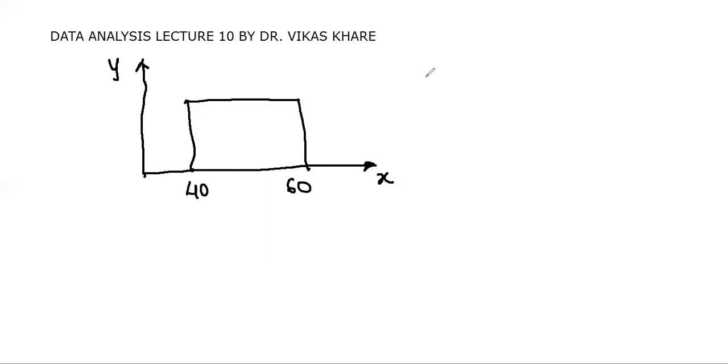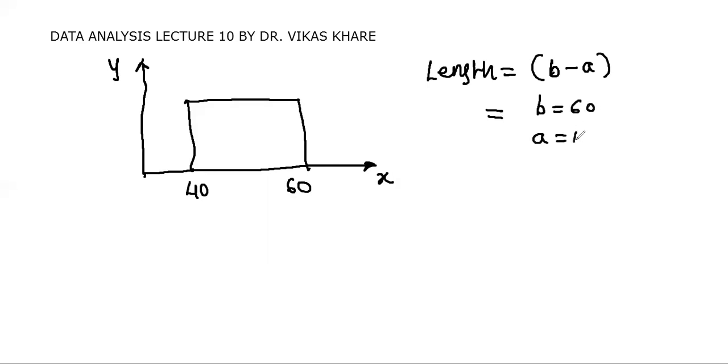The length of the uniform distribution is b minus a, where b is 60 and a is 40, so the length is 60 minus 40, which is 20.